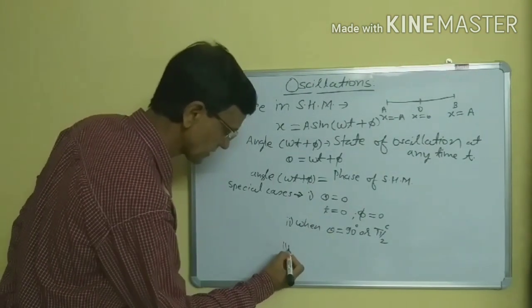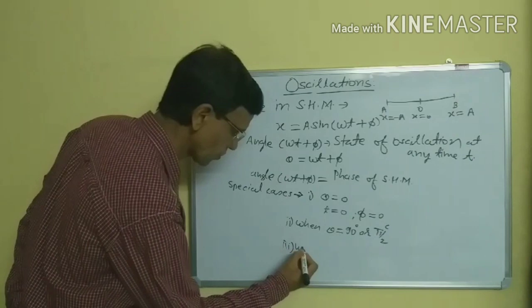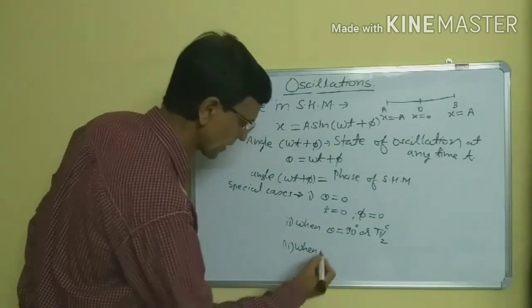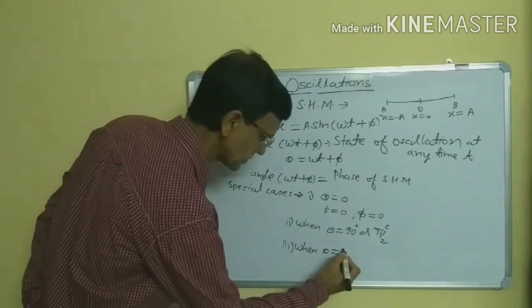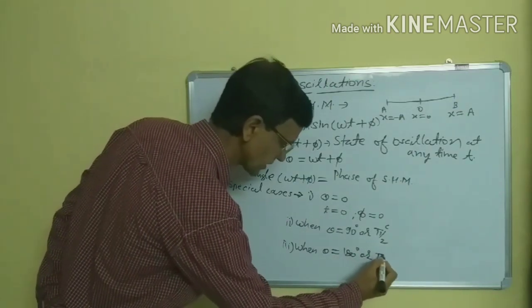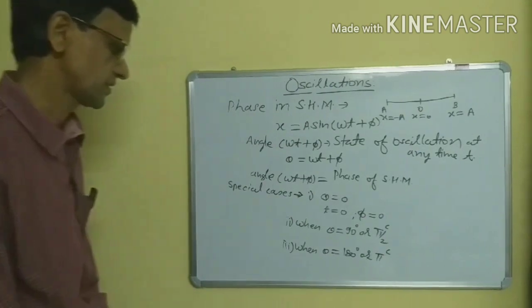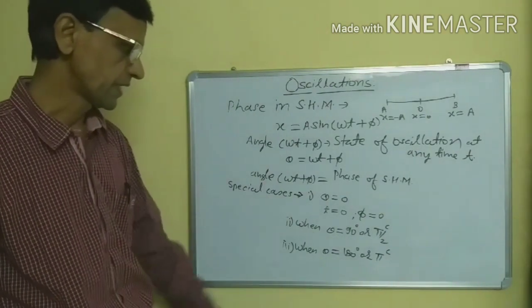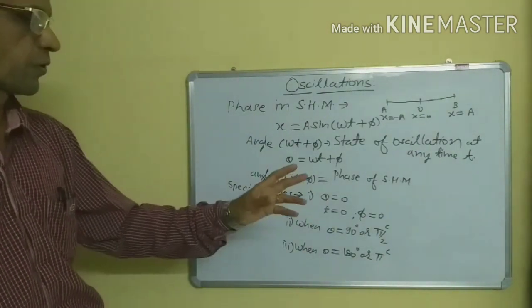In the third case, the phase angle theta is equal to 180 degree, or pi radians. The particle will be at the extreme opposite side.